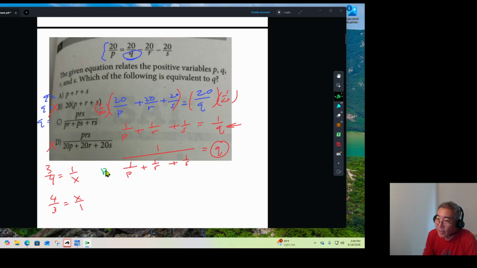So if we multiply this whole thing by PRS, and we multiply this whole thing by PRS, that's legal, right? We can multiply both the top and the bottom by the same thing. That's multiplying by 1. So the top is going to become PRS, and the bottom is going to become PRS divided by P plus PRS divided by R plus PRS divided by S.